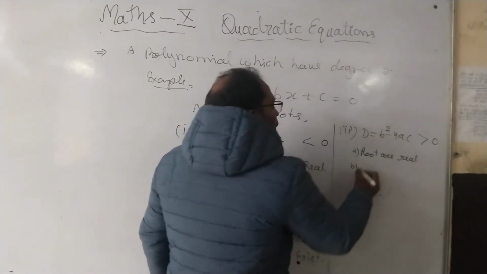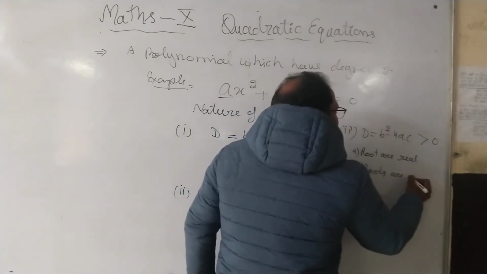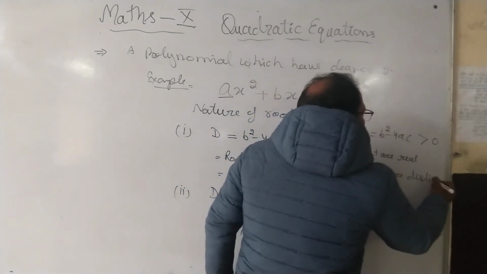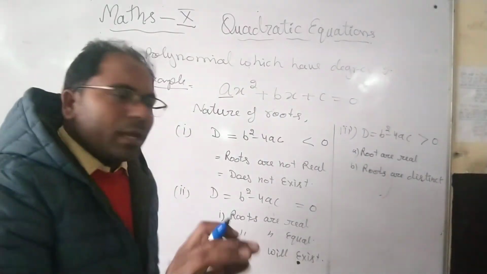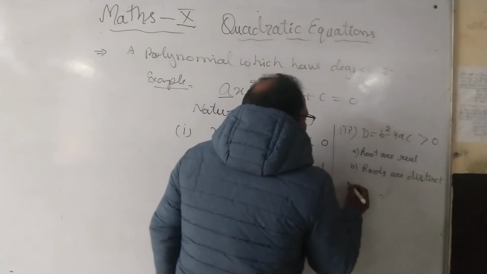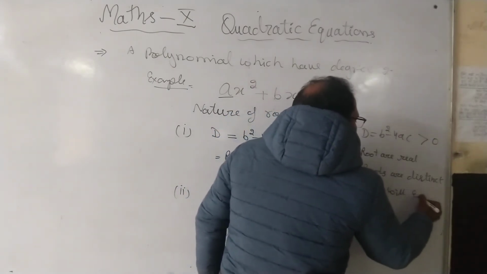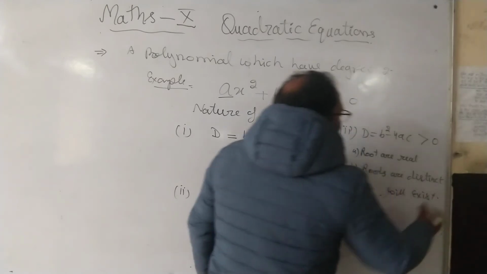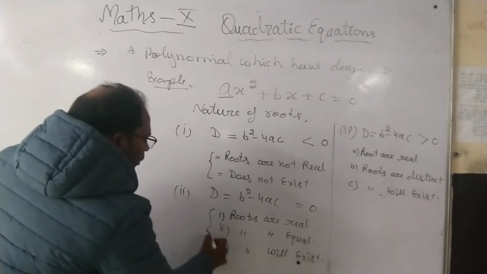Number 2, roots are distinct. Separate, with different roots. Roots will not be equal. And C, roots will exist. So this is the nature of the roots.